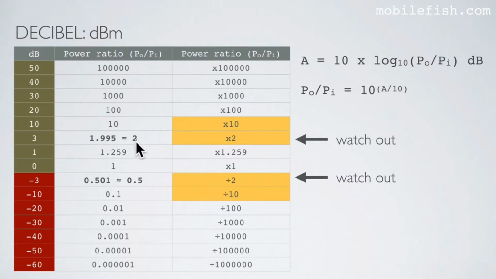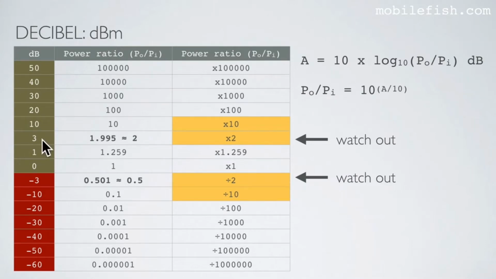So a power ratio of 2 means times 2. A power ratio of 10 means times 10. A power ratio of a half means divided by 2. A power ratio of 0.1 means divided by 10. This value, this value, this value, and this value is where the rule of tens and threes comes from.